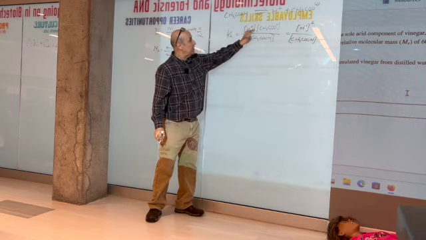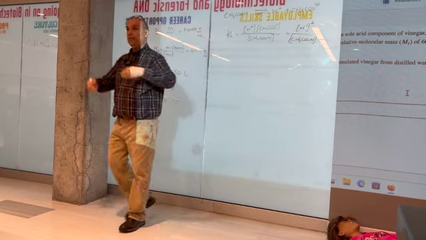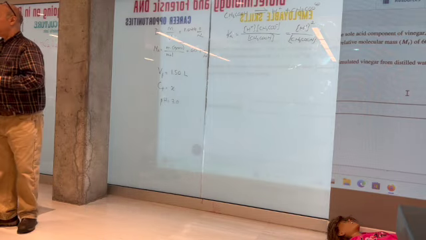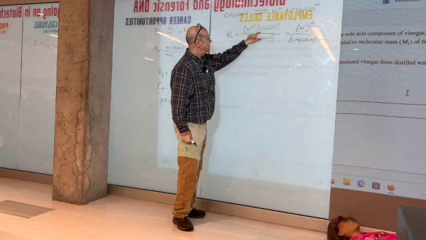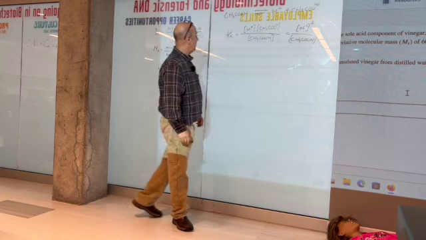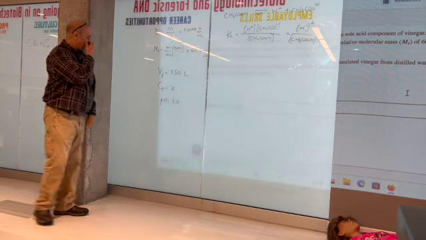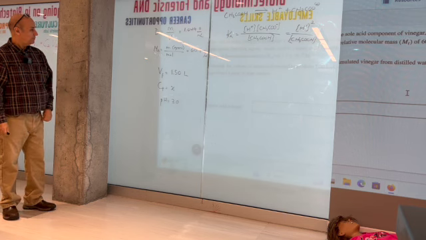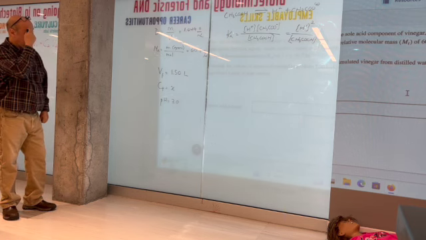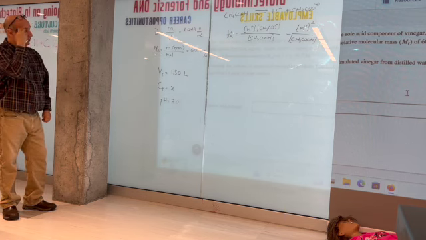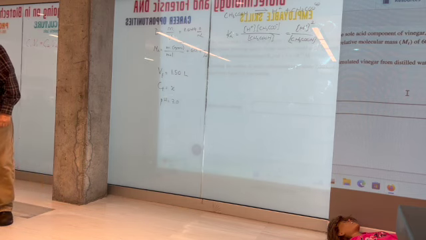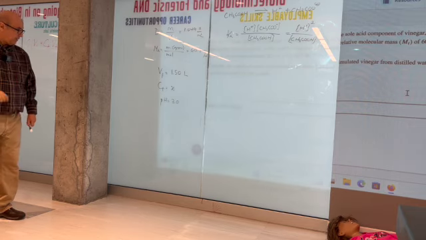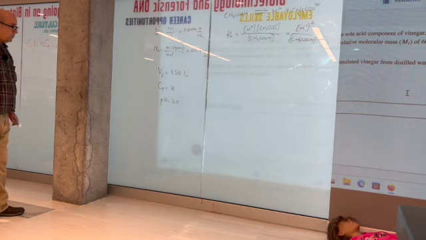Because I'm assuming that these two are the same, I can say that for the purposes of this problem, that times that is that square. So that's one approach.